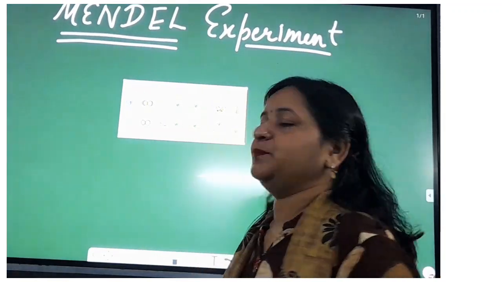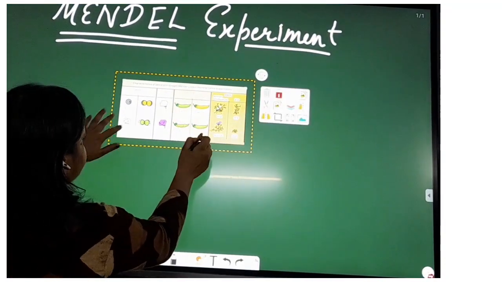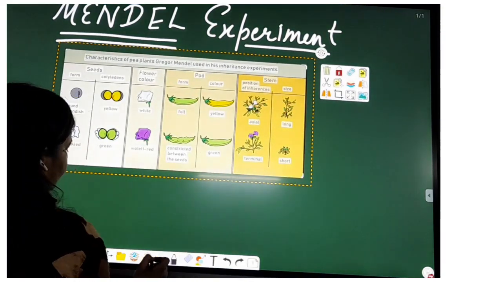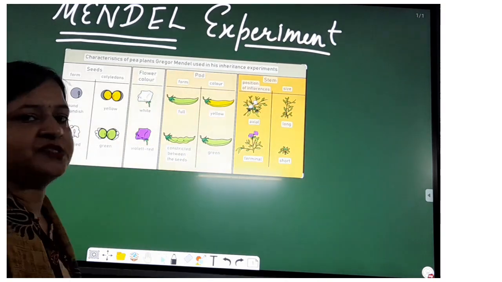Hello students, so we are here to again start our topic, Mendel's experiment. As you all know, in previous videos we saw that Mendel selected the 7 traits, and these traits were always seeds, flower, pods and the stem.